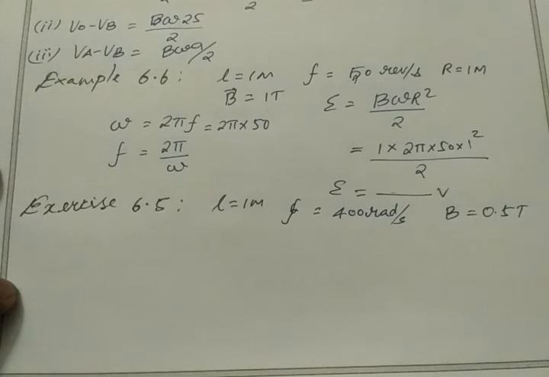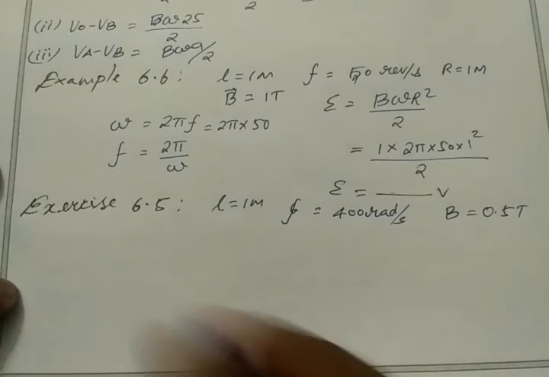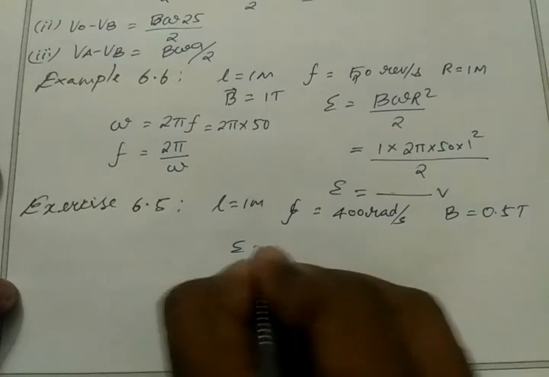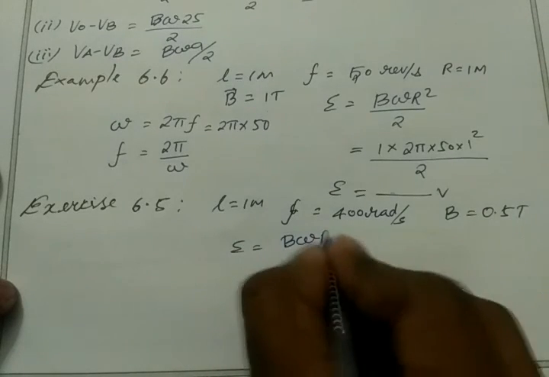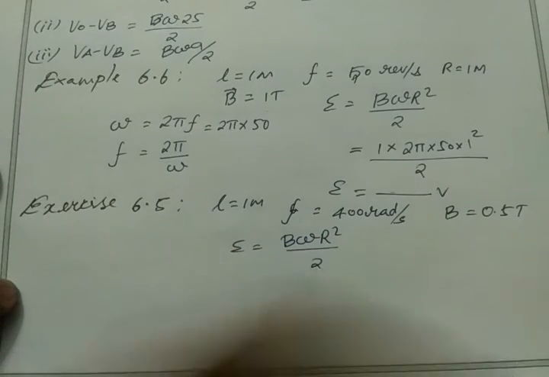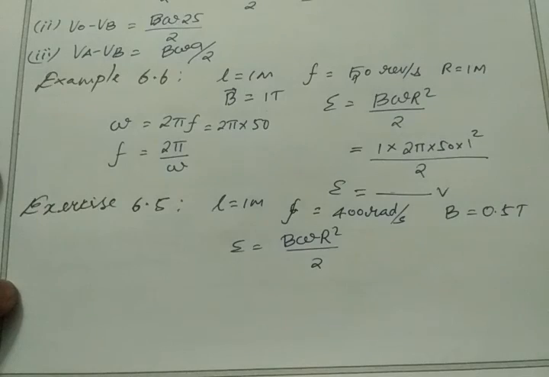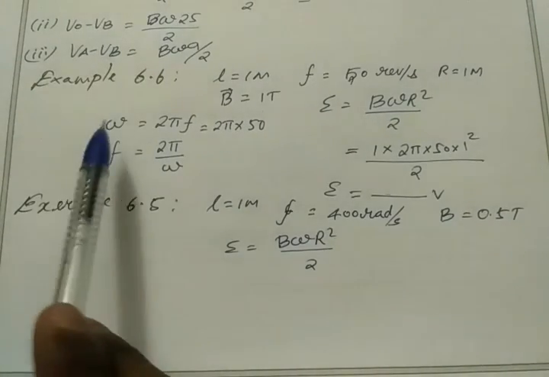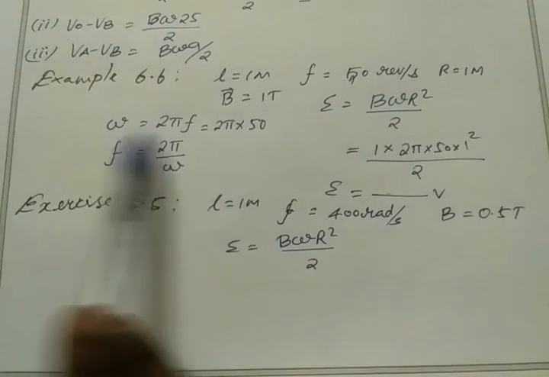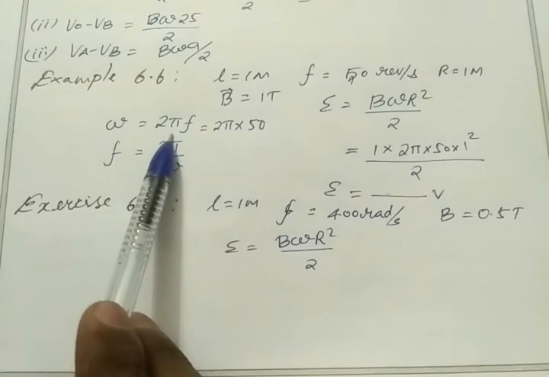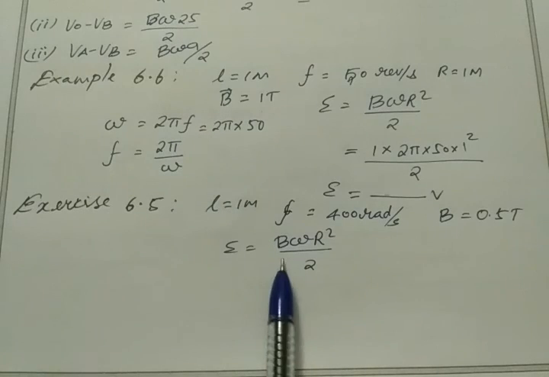Same formula, same method. EMF equals B omega R square divided by 2. Use the relation between angular velocity and angular frequency, substitute all the values in this formula and you will get the answer.